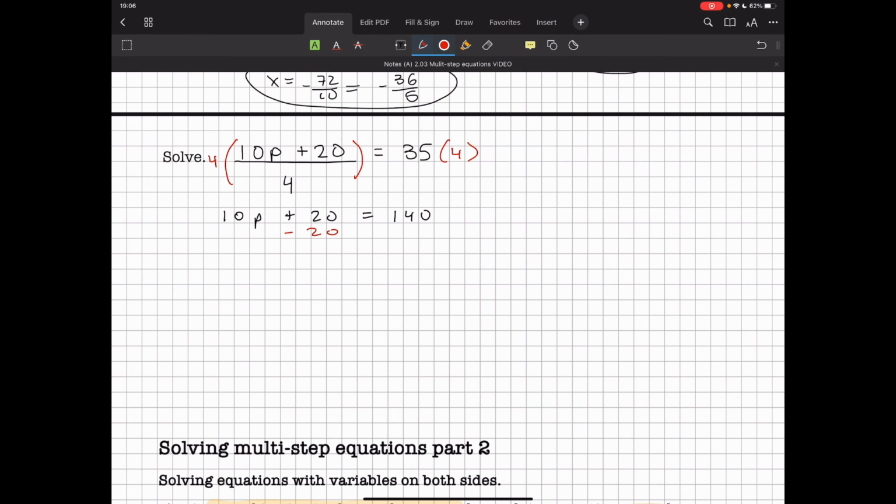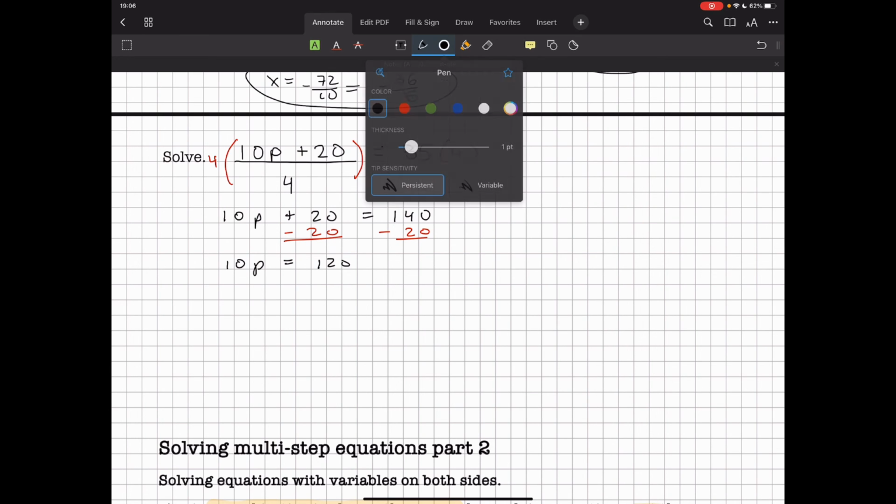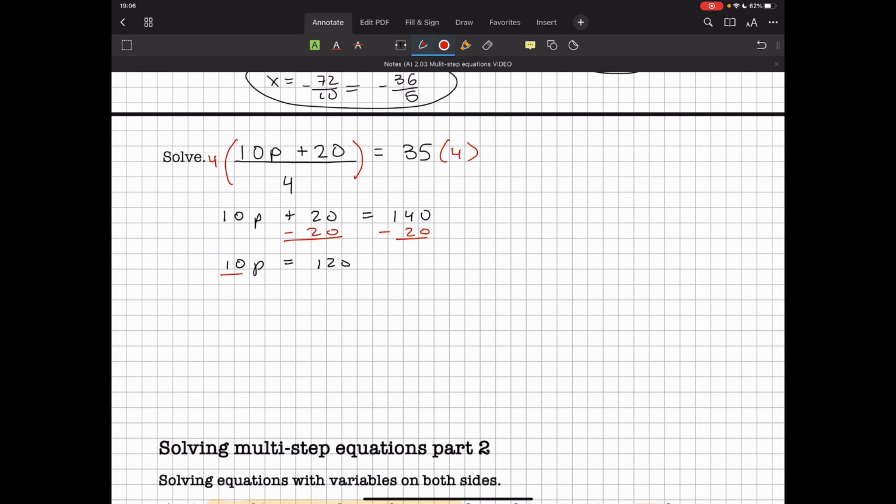We'd subtract 20 from both sides, leaving us with 10p equals 120. And then we divide both sides by 10, resulting in p equals 12.